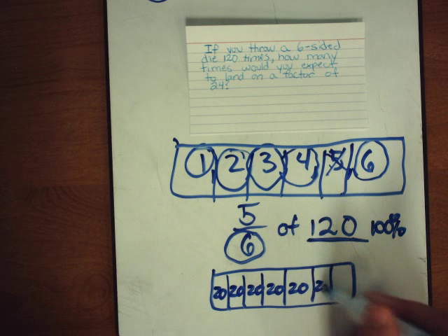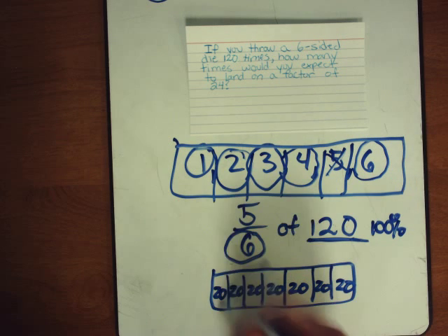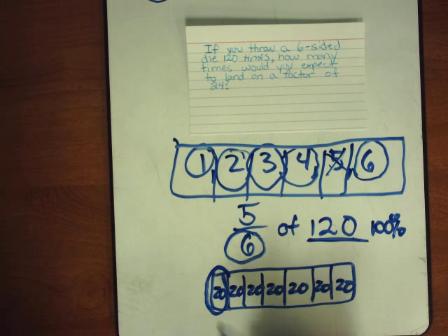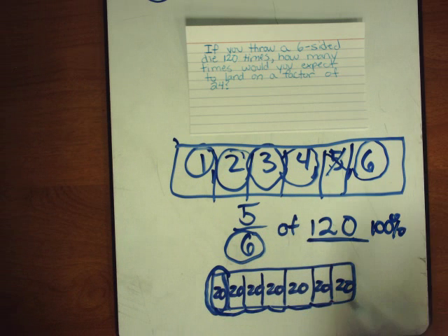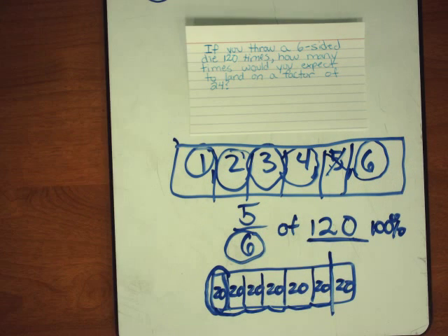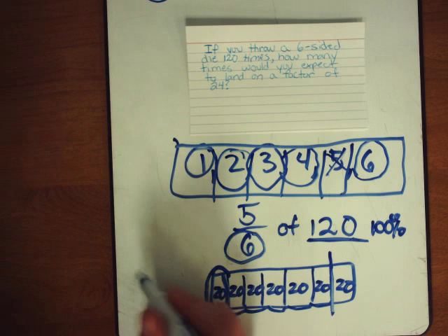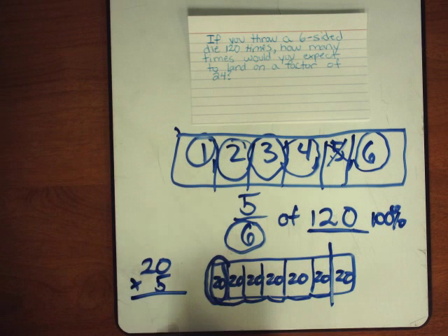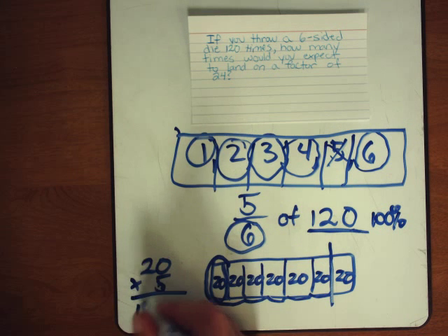And just like our friend was saying, we needed to multiply the size of 1/6 times the number here, right? So we had 5/6, or 20 times 5. So I've got 5 times 2 is 10, plus a 0 right there.